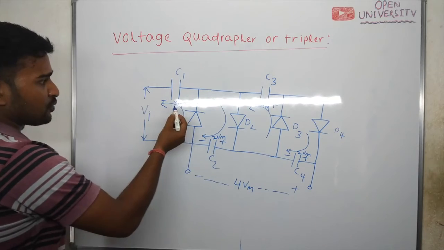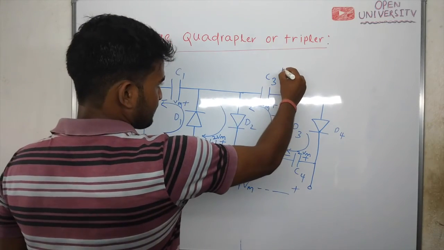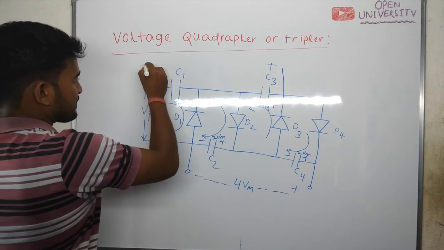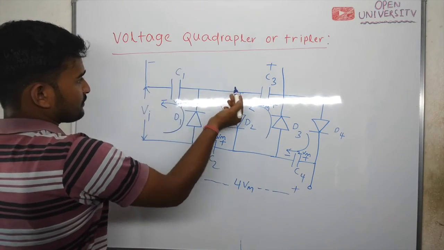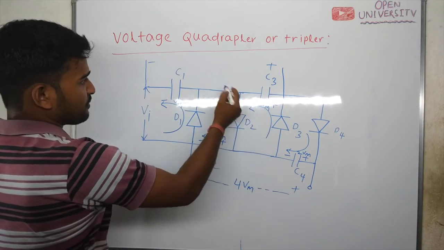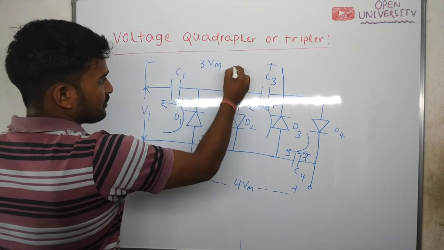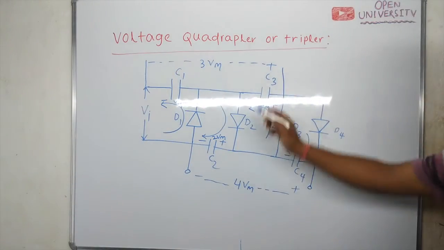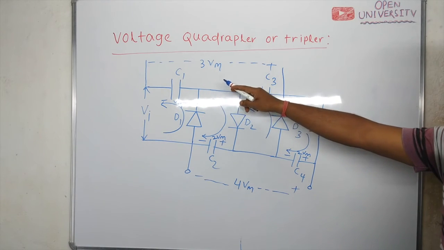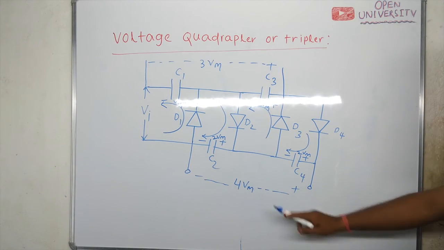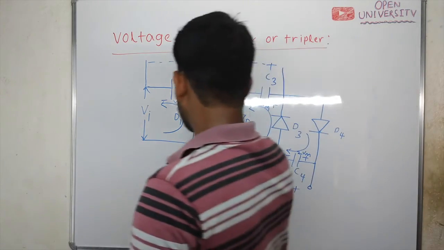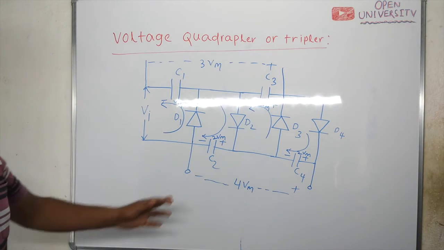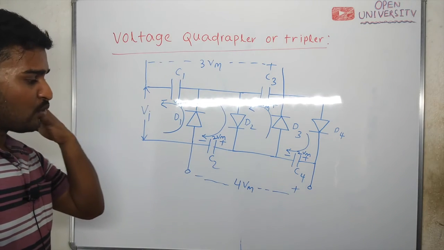If you take the output across C1 and C3, plus minus Vm plus minus 2 Vm, it will be 3 Vm. So across C1 and C3 you get 3 times the peak input value, and across C2 and C4 you get 4 times the peak input value.